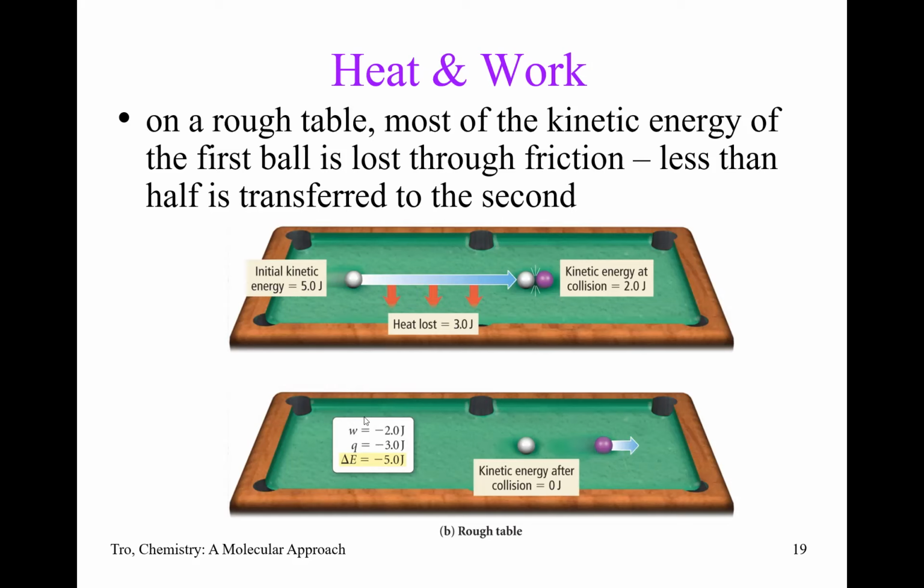And then here they're just putting some arbitrary amount to this. So 5 kilojoules, you lose 3 in heat. That means the kinetic energy transferred is 2 joules at the collision. And this isn't exactly true, right? Because when you've played pool before, unless it's a direct perfect hit, usually the cue ball isn't sitting still. It still has some motion, but this is just an example.